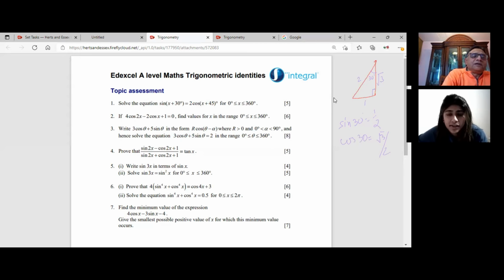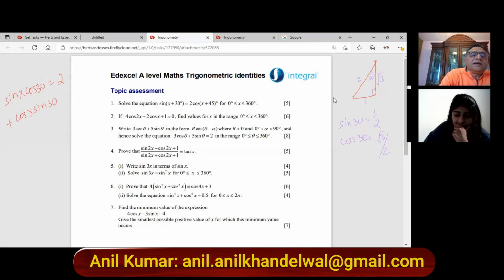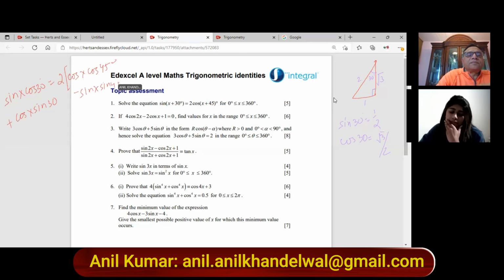You'll just write sine x cos 30 plus cos x sine 30 equals 2 times, let me write in brackets, cos x cos 45 degrees minus sine x sine 45 degrees, correct? Yeah. So from here, you can substitute the values which we just saw.